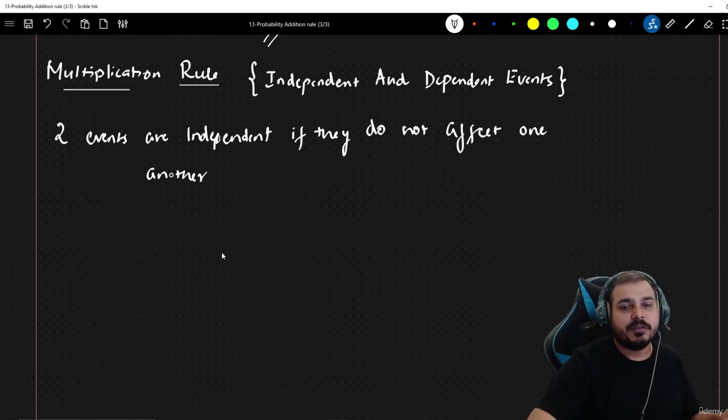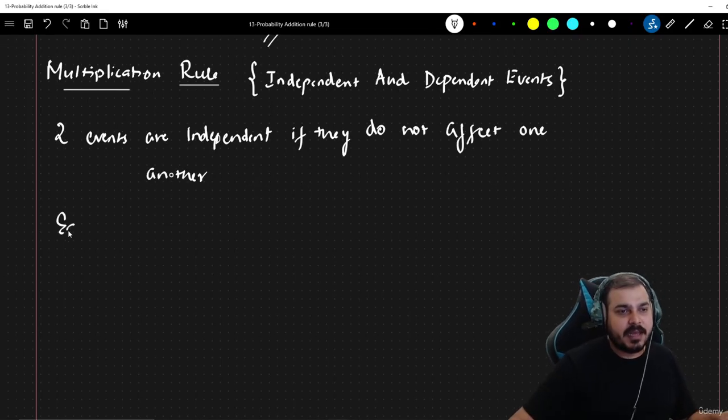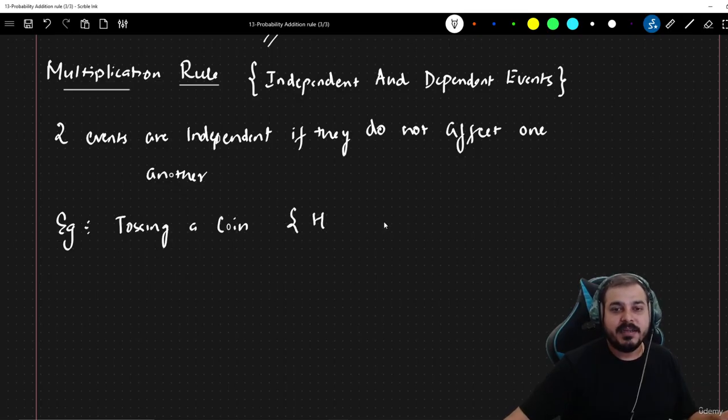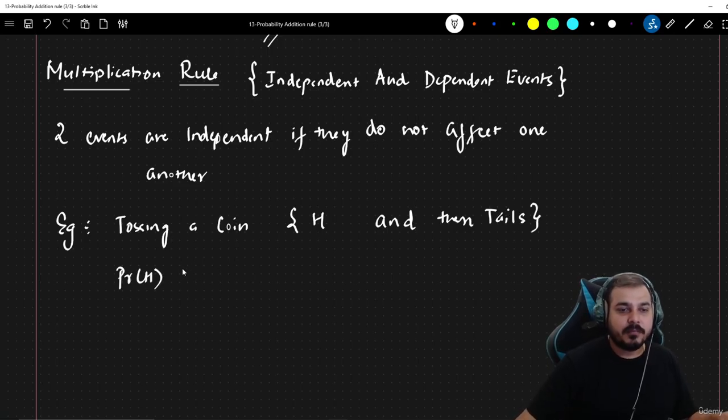Suppose I take an example of tossing a coin. When I'm tossing a coin, suppose I get heads the first time and then tails. Now in this scenario, what will be the probability of heads the first time? It will be 1 by 2.